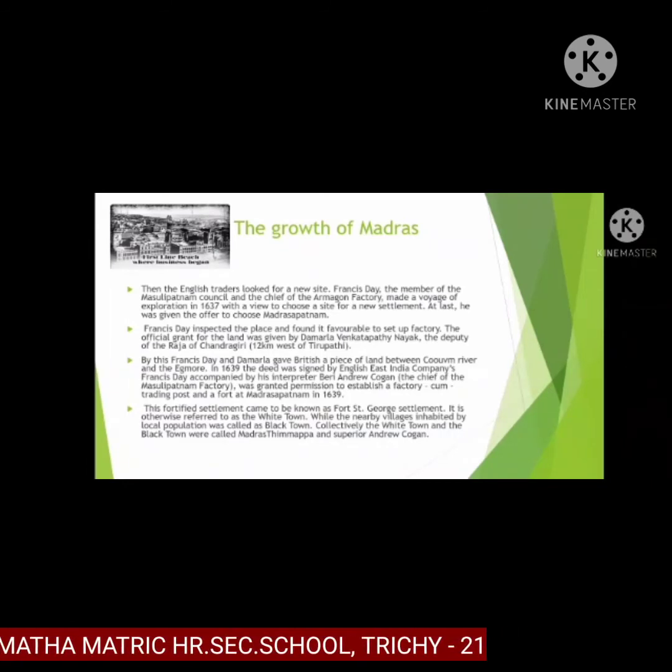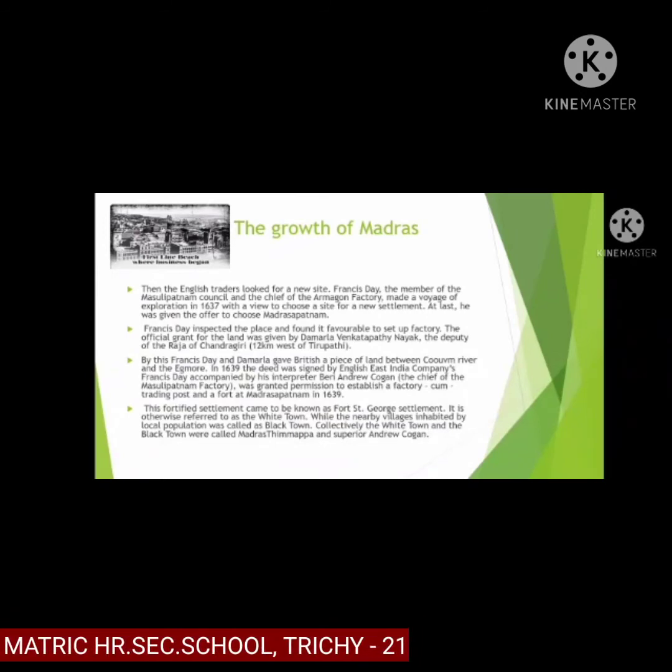The official grant for the land was given by Venkatapati Nayak, the deputy of Raja of Chandragiri, 12 kilometers west of Tirupati. By this, Francis Day and Damarla Venkatapati Nayak gave the British the piece of land between Coombe River and Egmore.